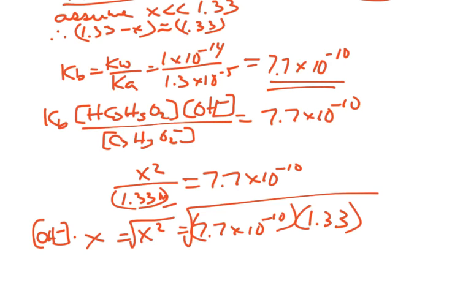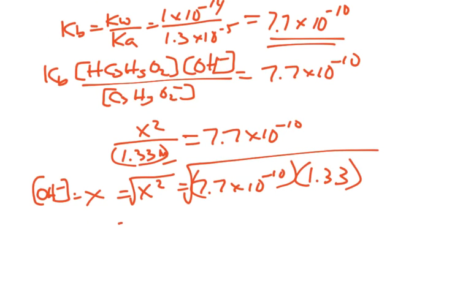So there's going to be a pOH involved. So x is equal to, I get 3.198, so I'm going to say 3.2 times 10 to the negative 5. That's my value of x.